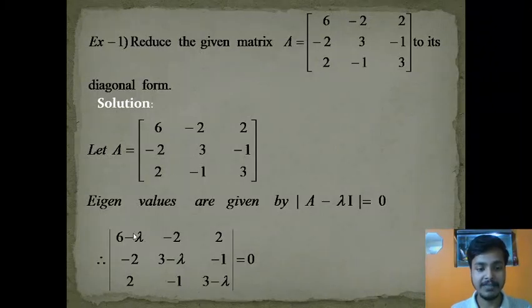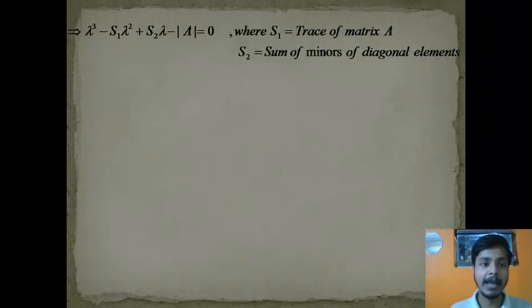As the matrix is of order 3, we will have a cubic equation: lambda cube minus S1 lambda square plus S2 lambda minus determinant of A equal to 0, where S1 is the trace of the matrix, S2 is the sum of the minors of the diagonal elements, and the last term is the determinant, following the alternate plus minus sign. Our objective is to find S1, S2 and the determinant.